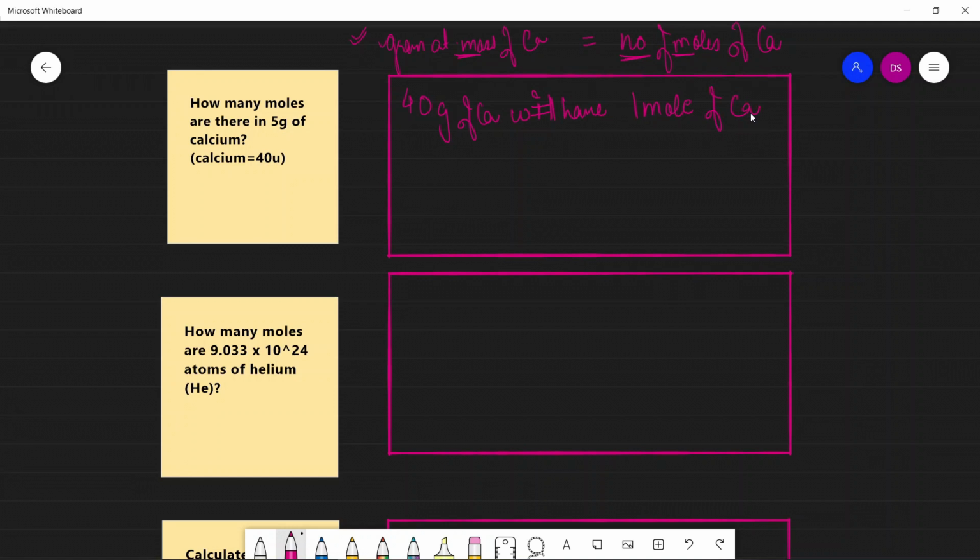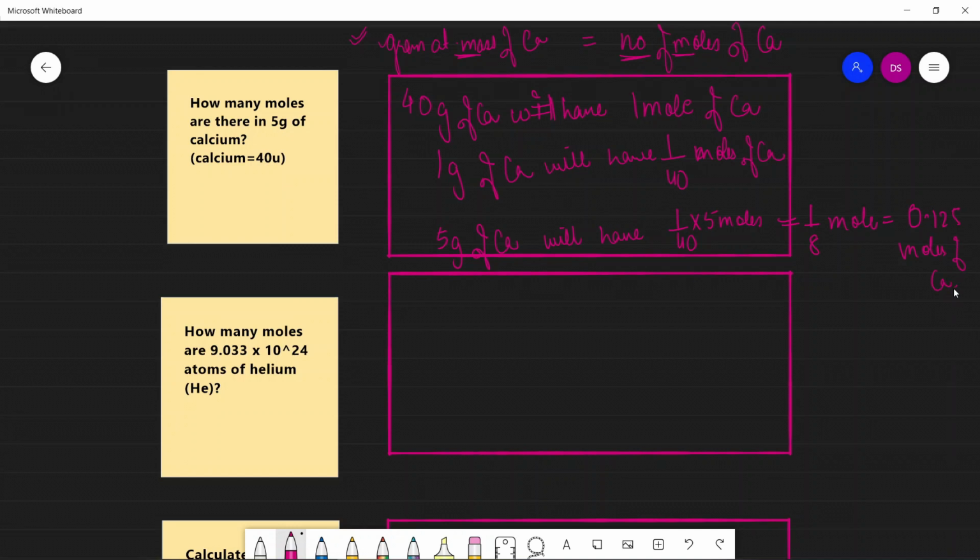Now you are going to use unitary method, which is 1 gram of calcium will have 1 upon 40 moles of calcium. Now 5 grams of calcium will have 1 upon 40 into 5 moles, right? Which is going to be equal to 1 upon 8 moles, which is going to be equal to 0.125 moles of calcium. I hope this is clear.